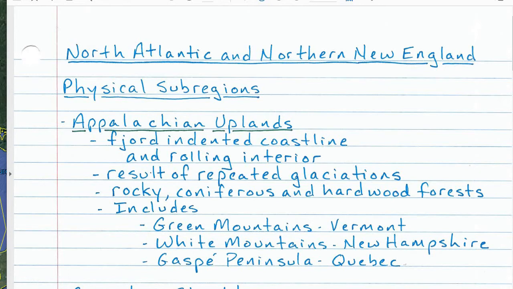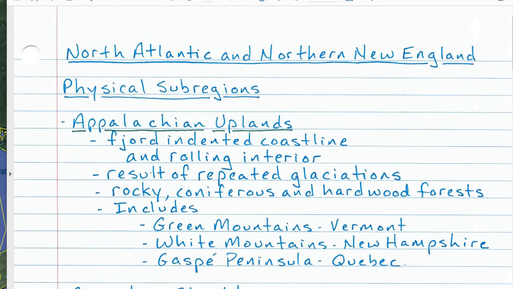And inside this space, so once you get away from the coast, you have a rocky and forested area that's both coniferous and hardwood. So coniferous are cone-bearing trees. Think about pine trees and so forth that have cones on them. And also hardwood forests.